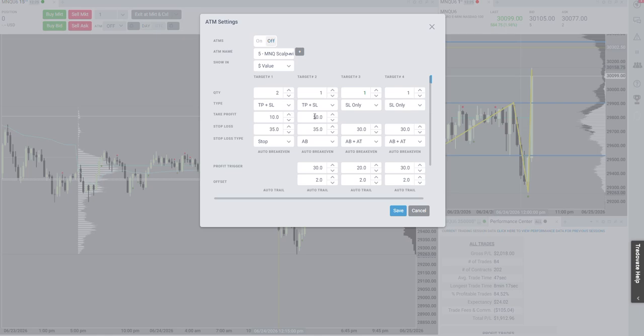Then I have another profit target that's at $50. This gets moved most of the time. Stop loss is at 35. But here's the thing: when I hit $30 in profit, so 15 points, quite a bit further than this one, then I go to break even on one of the contracts.